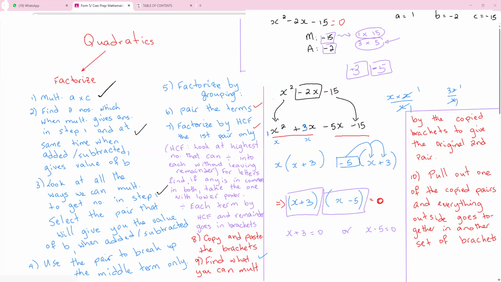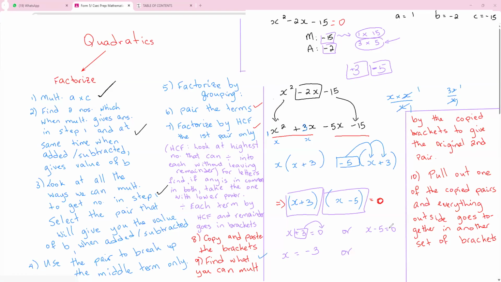In every quadratic, we're going to have two values for the unknown, and you have to put the two values. So it's either x plus 3 is equal to 0. Remember, when you carry across, you do the opposite operation. So therefore, x is equal to -3.